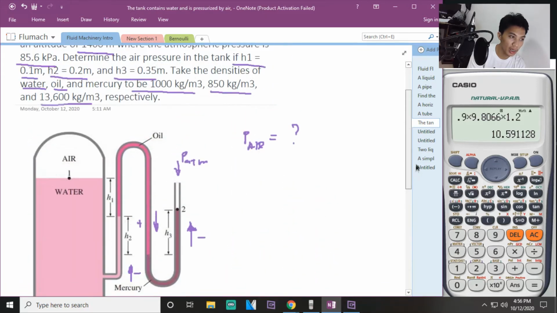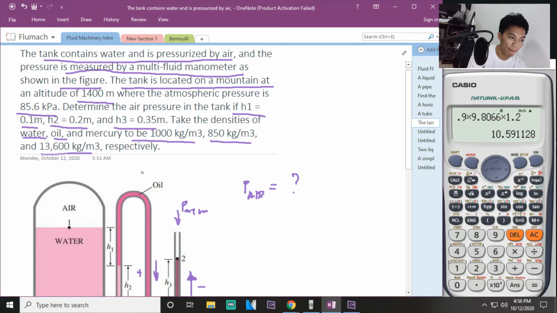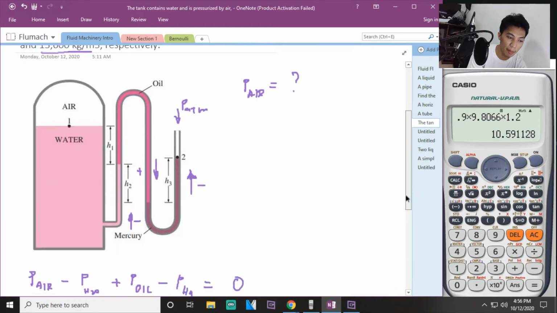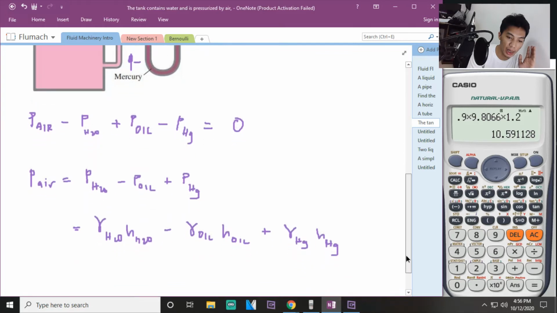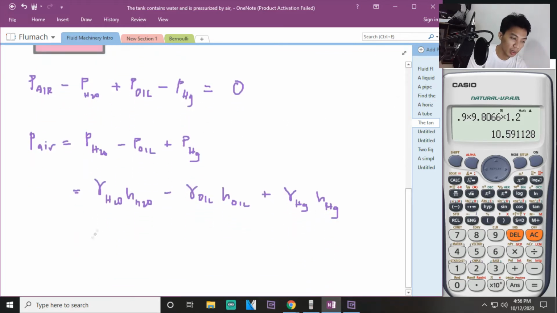So, masosolve natin kasi given naman sila isa-isa. Water is 1,000 kg per meter cube. So, dapat i-multiply natin sila isa-isa ng gravity. Given. So, this will be P air. H2O. Ano ba yung binigay sa H2O? This is 9.81 kilonewton per cubic meter.